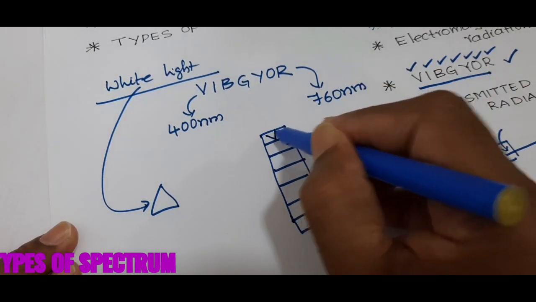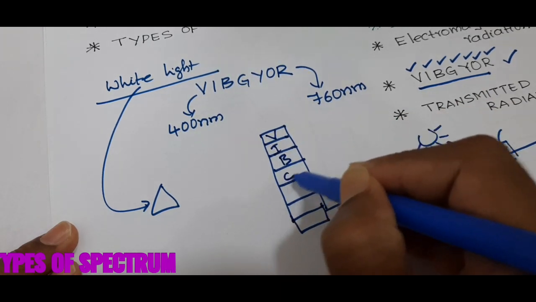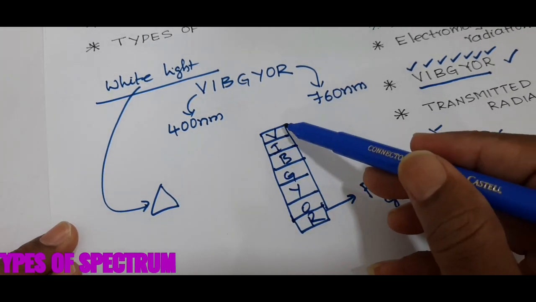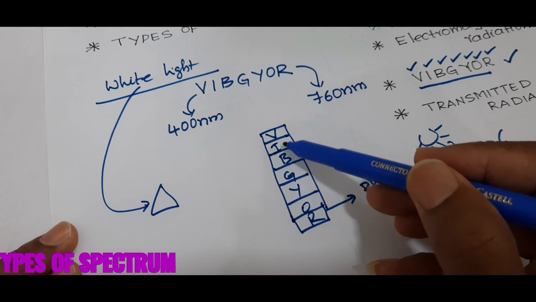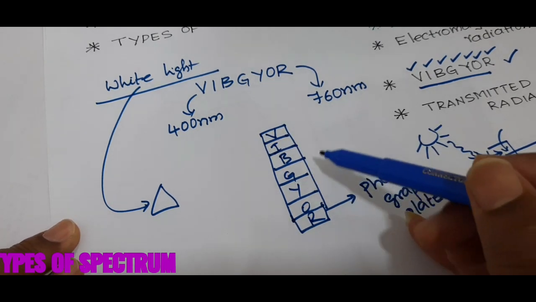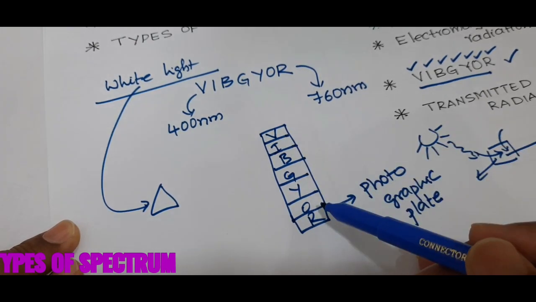Suppose here violet radiation is noticed, automatically followed by indigo, then blue, then green, then yellow, then orange, then red. This appearance of the different radiations either in the increasing order or decreasing order of their wavelength is called a spectrum.